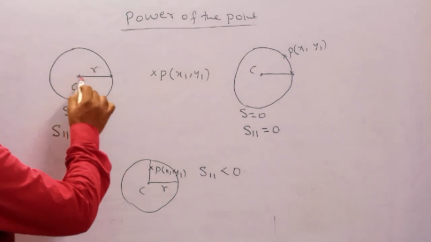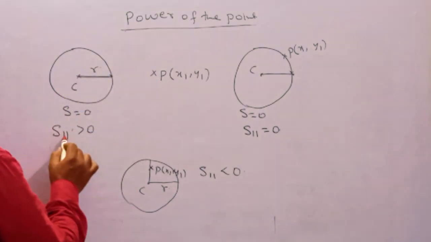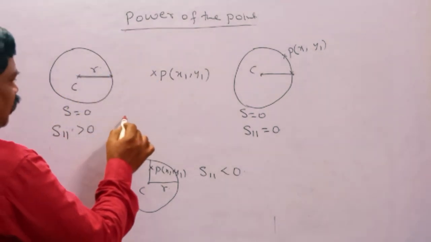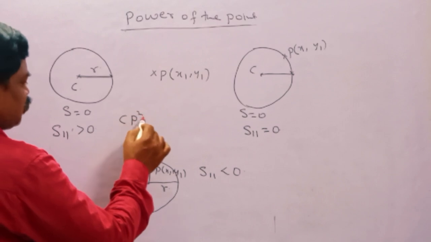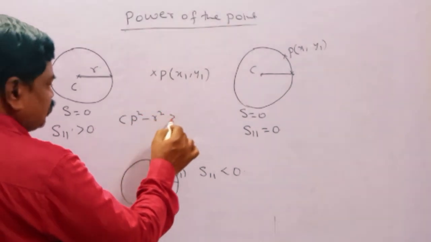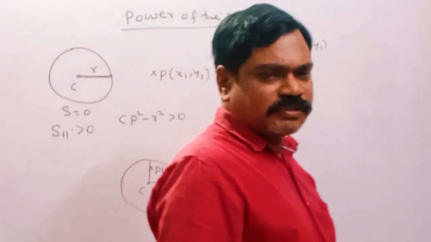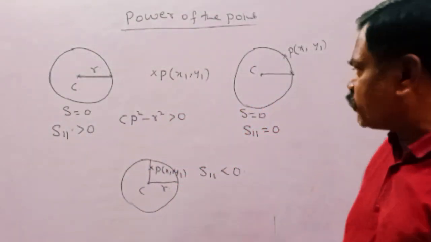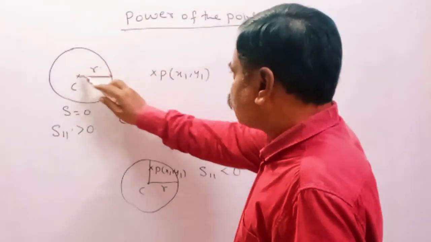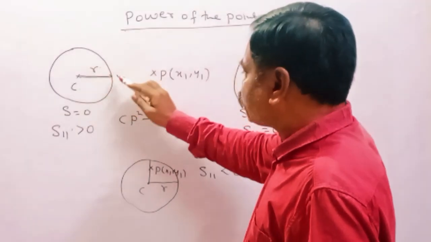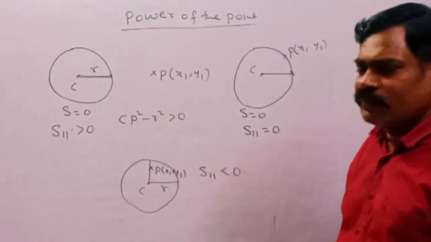In this case, you see S11 greater than 0 and also CP square minus R square is greater than 0. Is it right, all of you? CP square minus R square greater than 0.